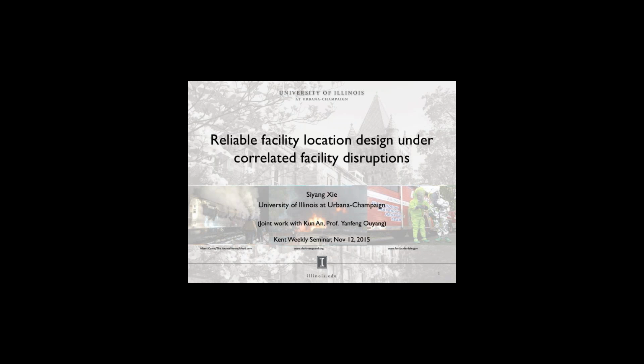Just a little flavor: we are designing service systems and trying to locate facilities, and the facilities themselves may be subject to disasters, and the disasters may be correlated, and how do we deal with those complicated situations? So, Xian, please.